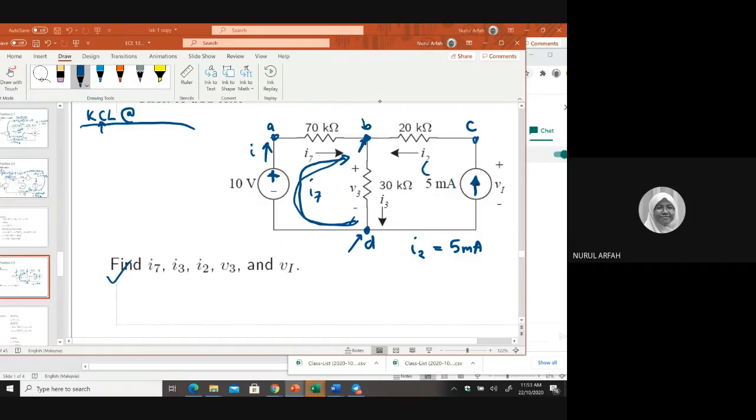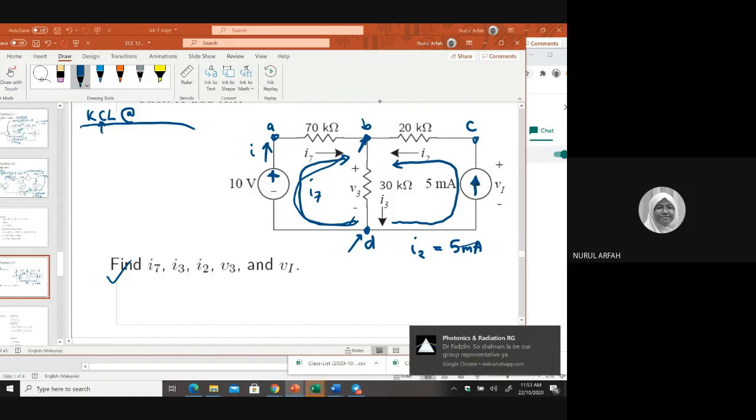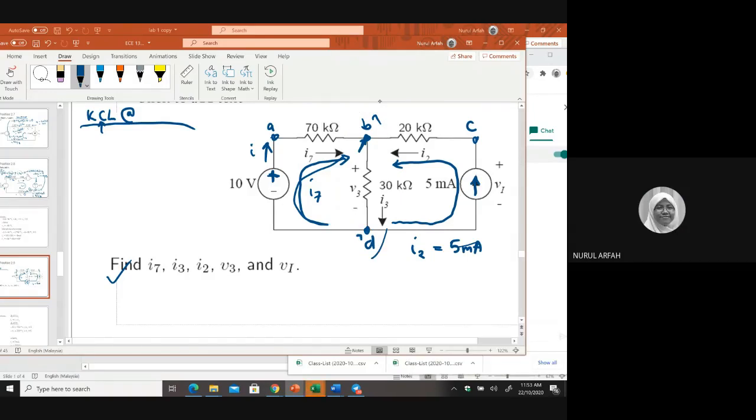So what about on the right side? Is it the same current flowing with this I2? Yes, because they are in series. So if series, then you can just apply the KCL either here or here. Okay, that's good.